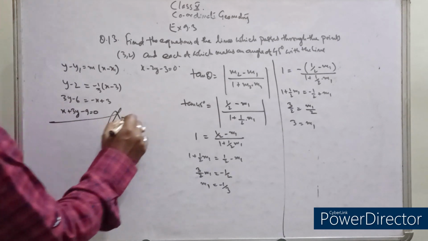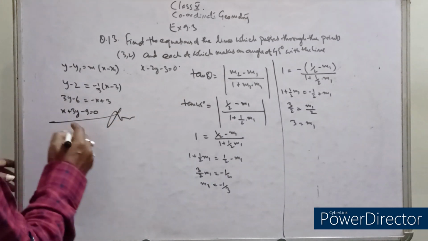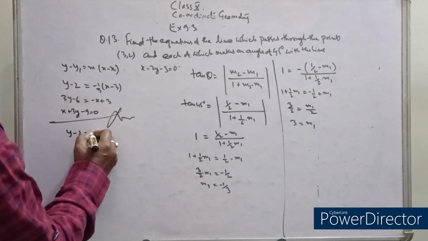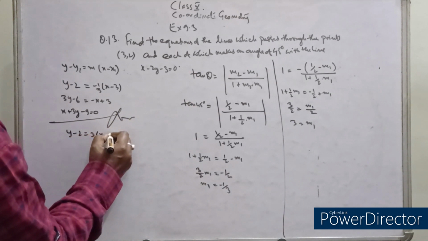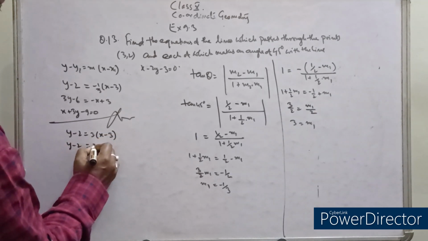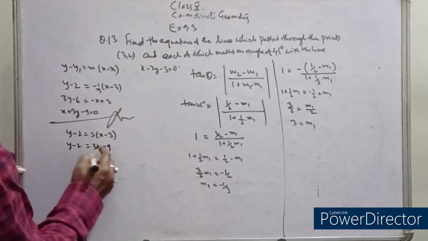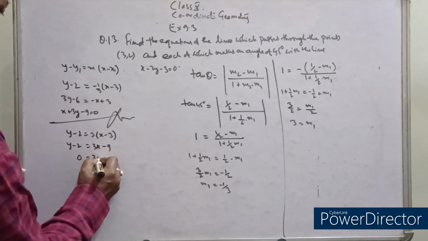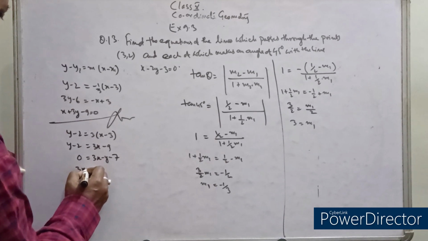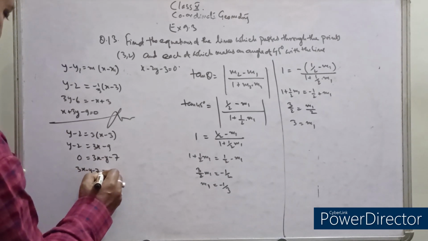This is one answer. And your other answer is that y minus 2, your slope is 3, so 3 into (x minus 3). So this is y minus 2 is equal to 3x minus 9, so this will be 0 is equal to 3x minus y minus 7, so 3x minus y minus 7 is equal to 0.